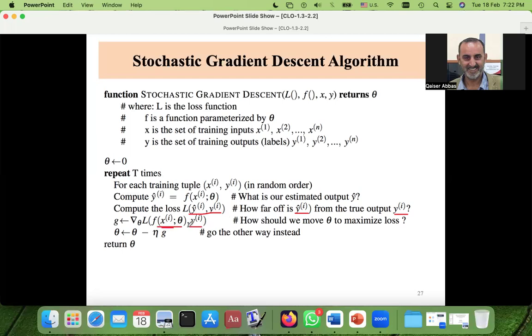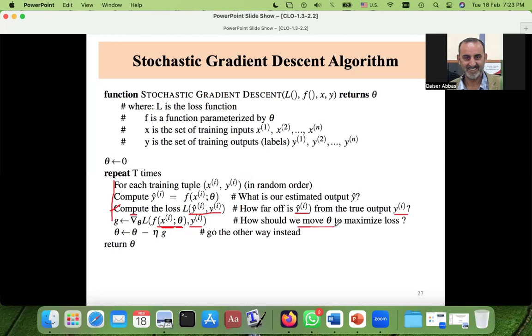This is y cap and this is y and this is the gradient. So this is for one observation, but for all weights. You are taking one observation in each iteration.